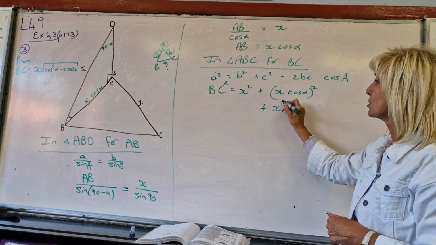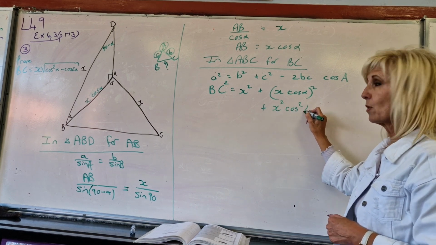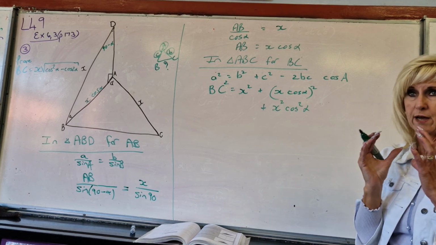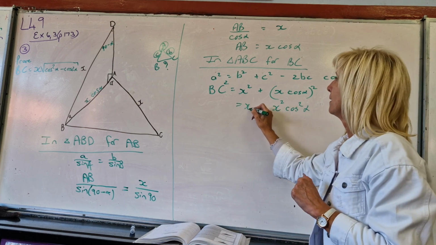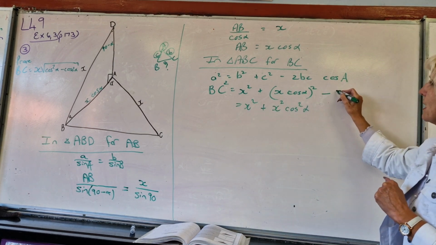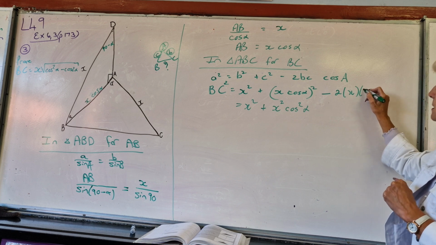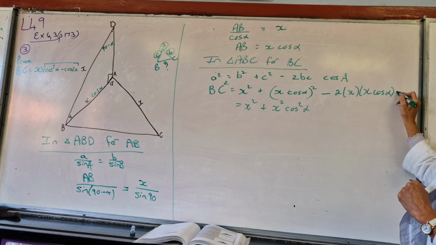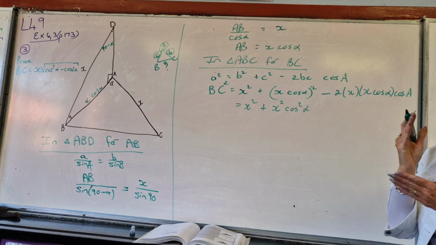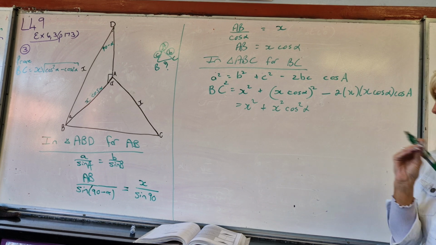x squared cos squared alpha. Okay, careful with the algebra. And then the last bit is just minus 2 times the x cos alpha and the cos A. Just be accurate, careful, particular.